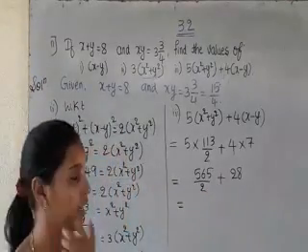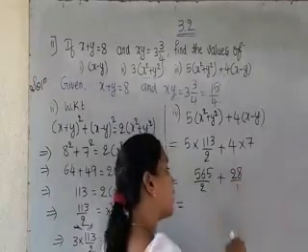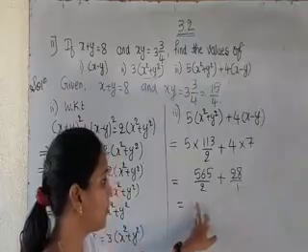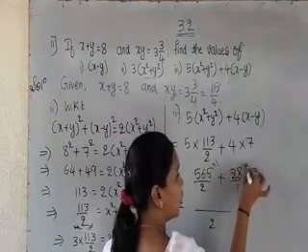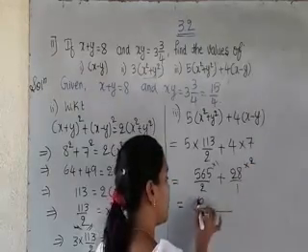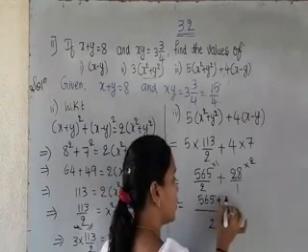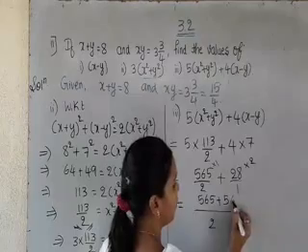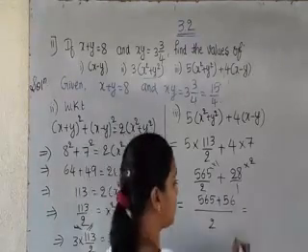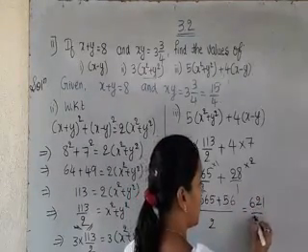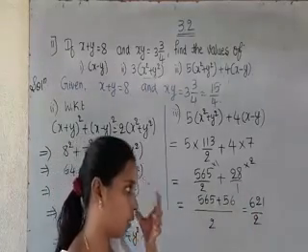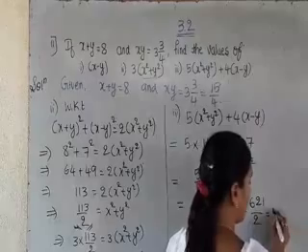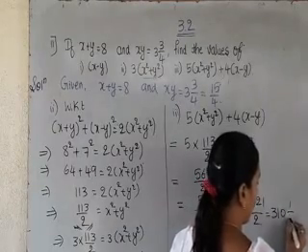Here the denominator is 1. So LCM is 2. Thus here we have to multiply it by 2. So 565 plus 56, then we will have 621 divided by 2. Here it is an improper fraction. If you want, you can convert it into a mixed fraction. Then we will get 310 whole 1 by 2 as the answer.